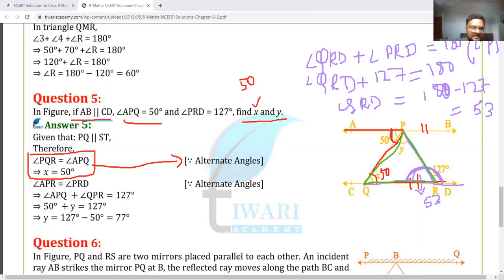So we'll add angle X plus angle Y plus angle, I'll name this one as 53, 53 itself. What we have obtained gives you 180. This X is 50, Y we have to find out, plus 53 is equal to 180.